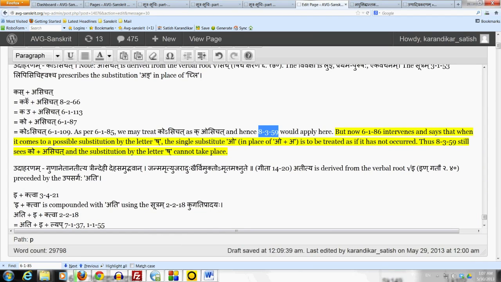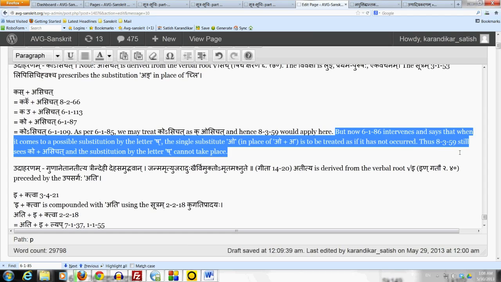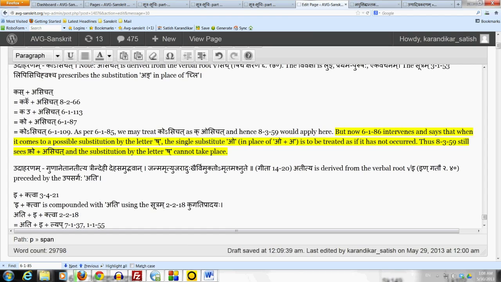So therefore 8359 wants to come and put a murdanya shakara adesha in place of the sakara of sichat, because it is preceded by O, which is a letter of the in pratyahara. But now 6186 intervenes and says that when it comes to a possible substitution by the letter sha, the single substitute, in this case O in place of O plus a, is to be treated as if it has not occurred.